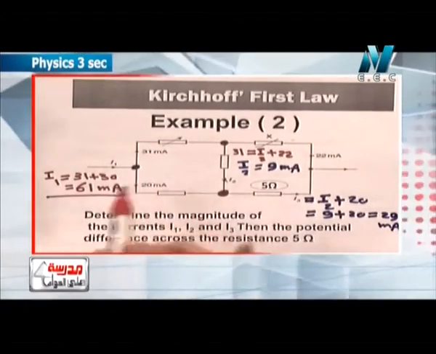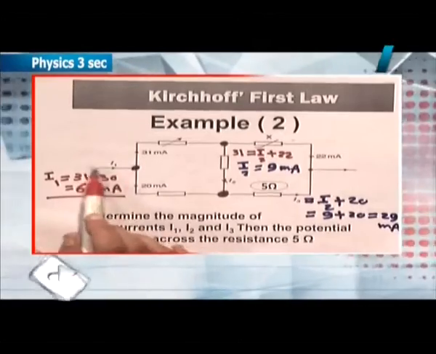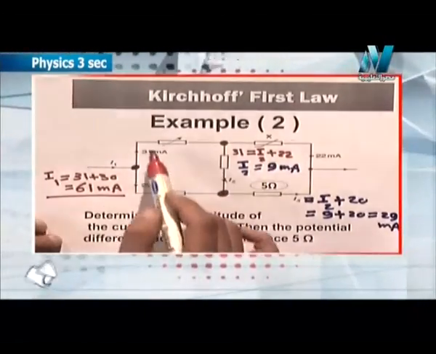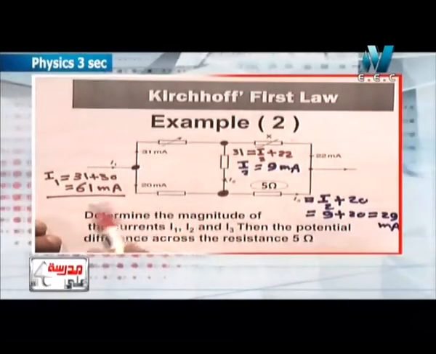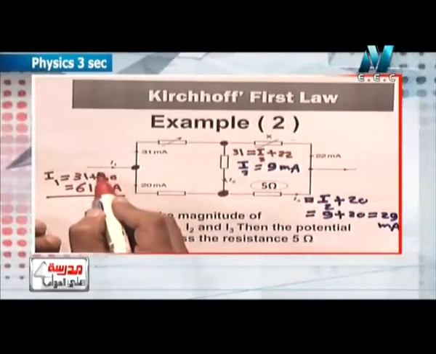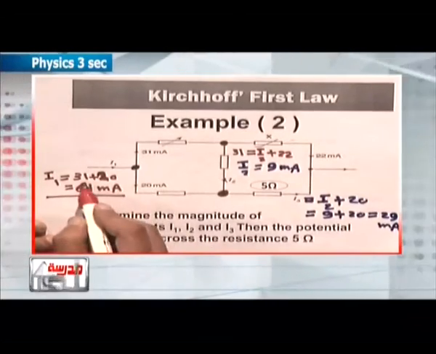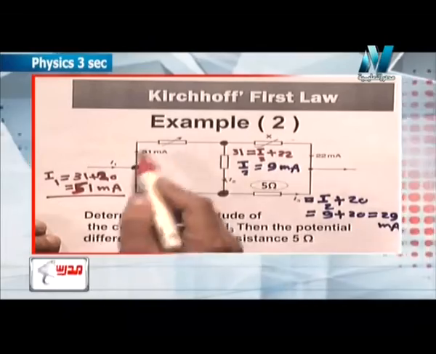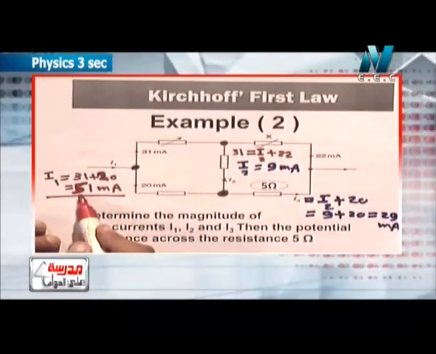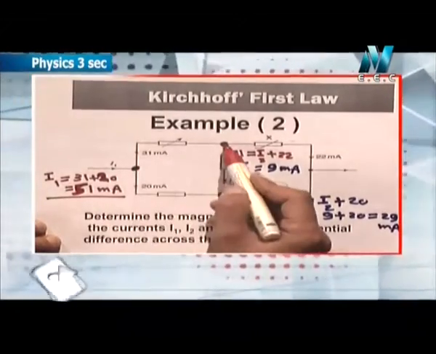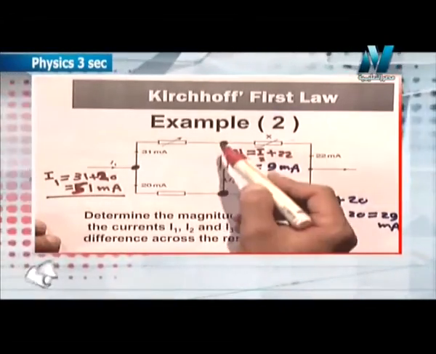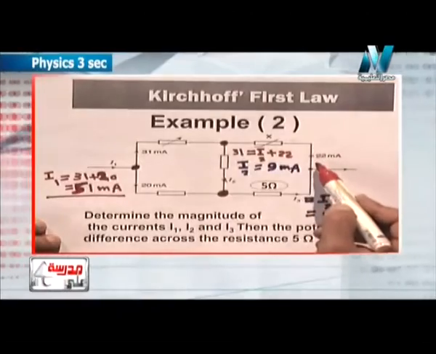Again, I1 equals 31 plus 20, so 51. Okay, 31 plus 20 equals 51. 31 comes to that node, it will split into two sections, I2 and 22.